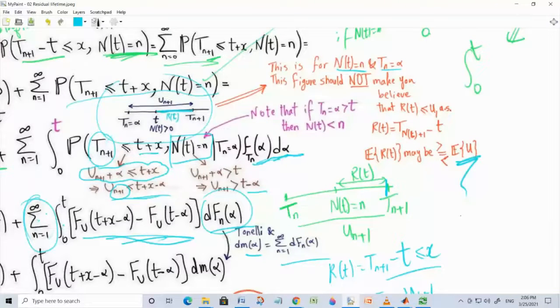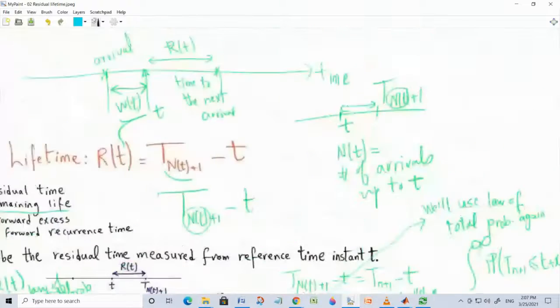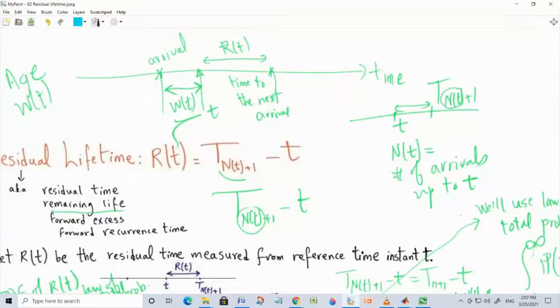But it's not. It depends on the inter-arrival distribution, and it depends on the fact that the residual time is a monster. Again, it is this thing here. You should show respect to this. It is not for a particular N(t).